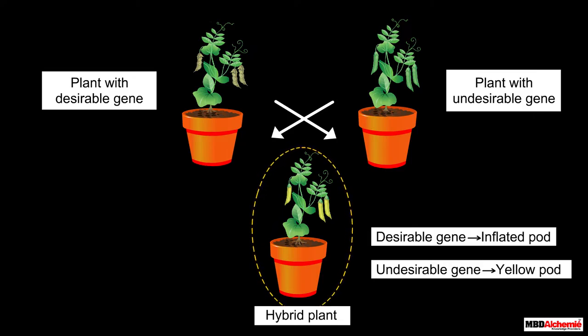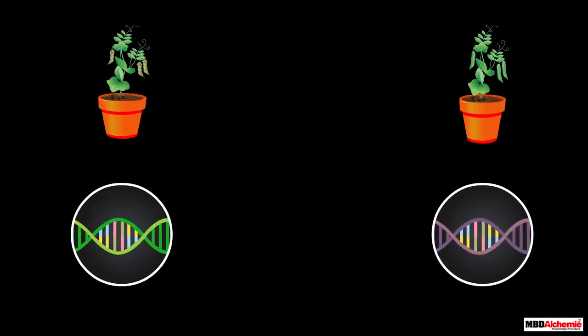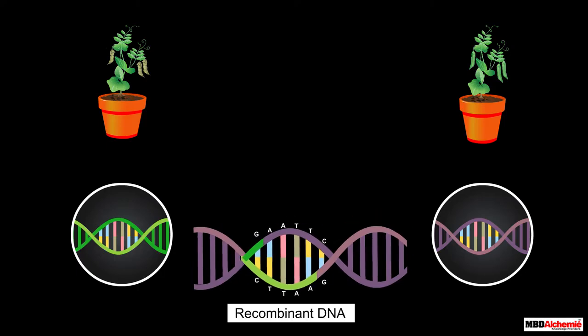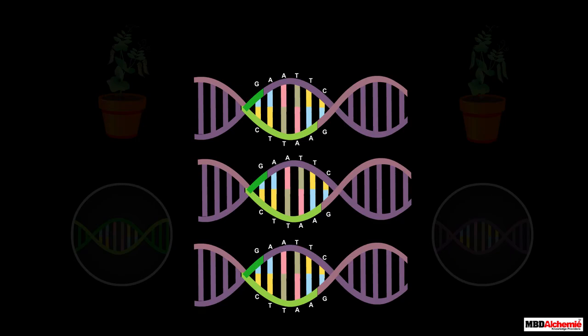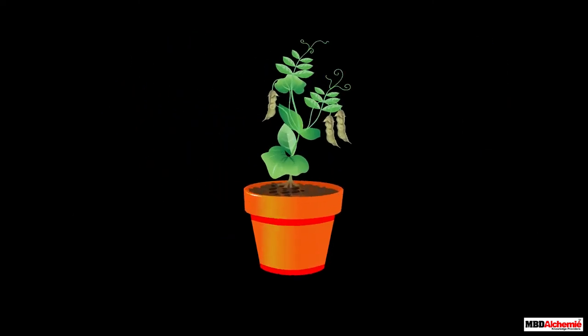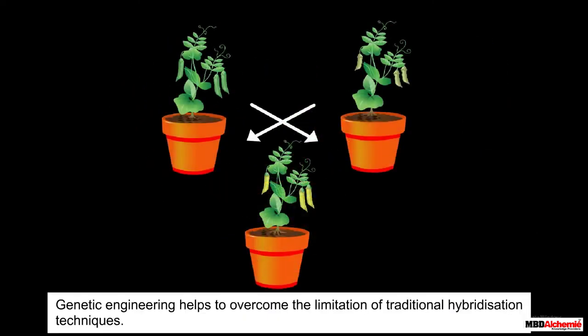His friend suggested him to use genetic engineering to overcome this problem. In the process of genetic engineering, desired genes are isolated. These genes are then used to create recombinant DNA. Multiple copies of the genes are made, gene cloning, and then transferred in the host organism, gene transfer. Thus, genetic engineering helps to overcome the limitation of traditional hybridization techniques.